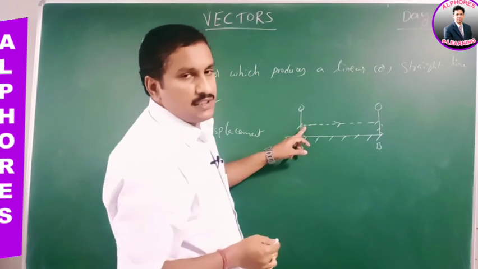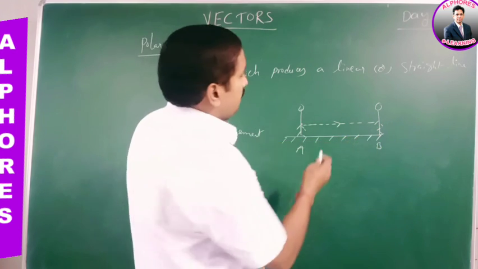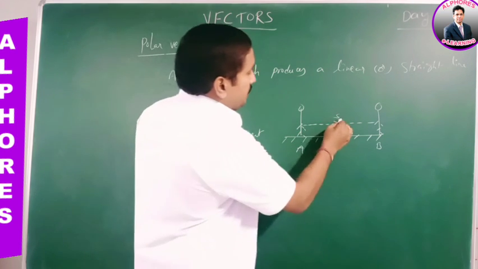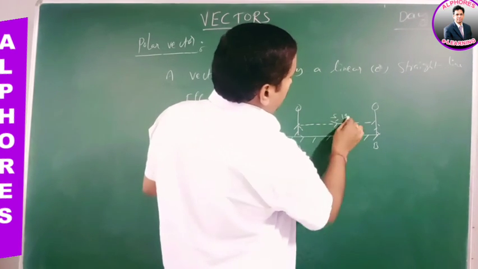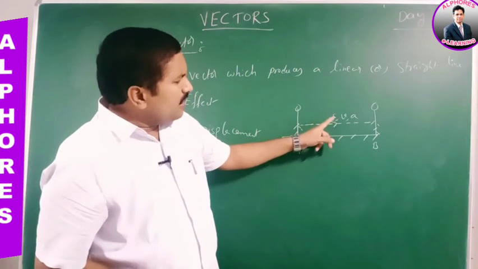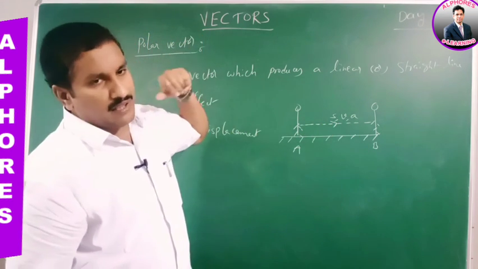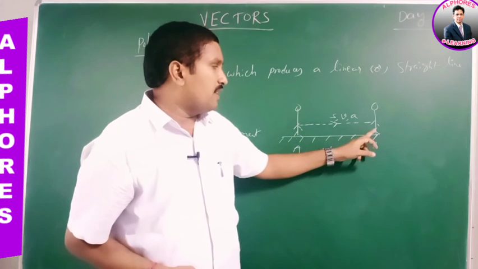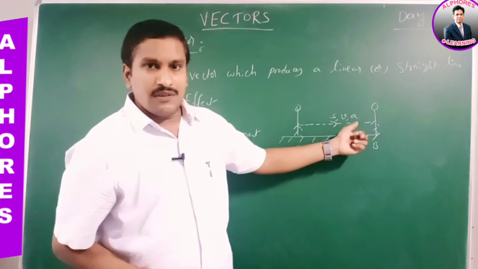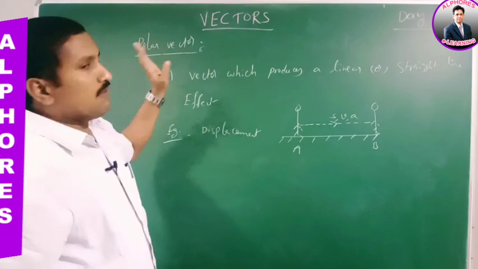Displacement means the shortest distance from the initial to the final point. If the person has displacement, it has some velocity and the person gets some acceleration also. Here displacement, velocity, acceleration are the examples of polar vectors. That means if the person is moving on the road, the person gets some displacement, velocity as well as acceleration, right? So these are the examples for polar vector.